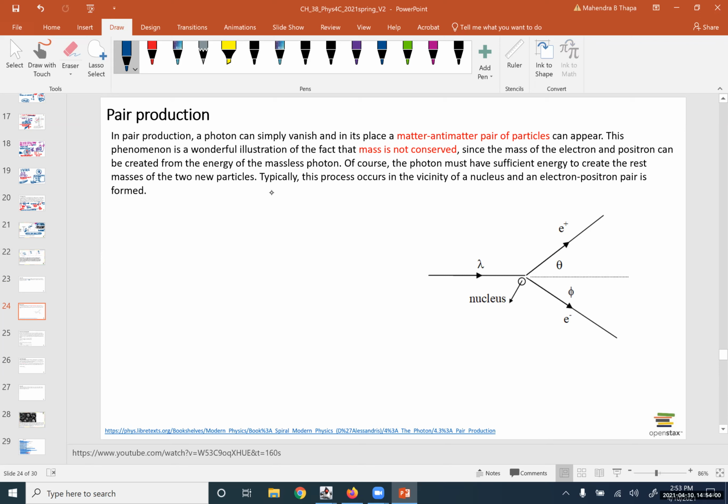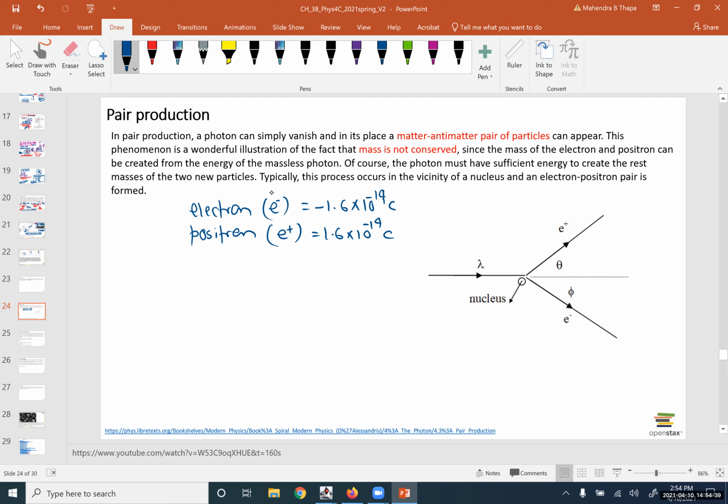For example, an electron and a positron have the same mass, but the positron charge is e plus and the electron charge is e minus. This is basically 1.6 times 10 to the negative 19 coulomb, and for the electron, minus 1.6 times 10 to the negative 19 coulomb. But they have the same mass.